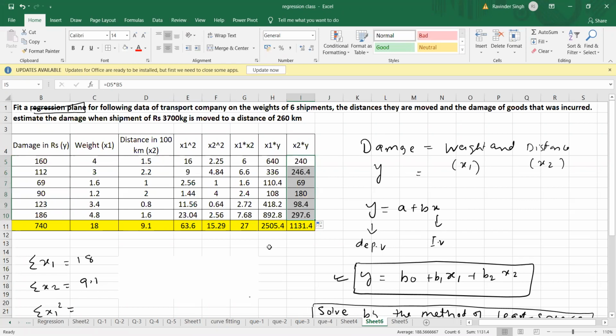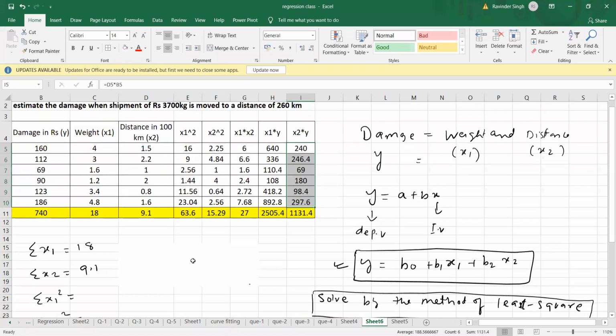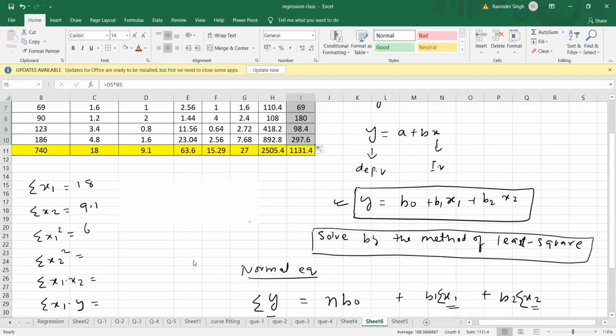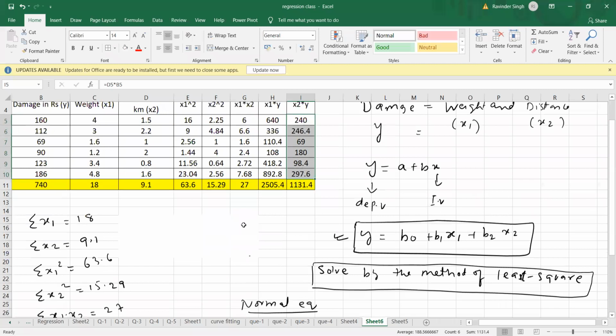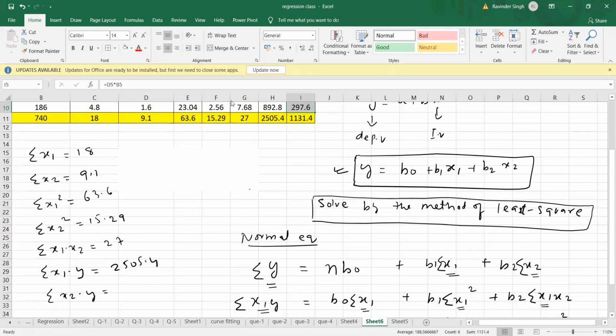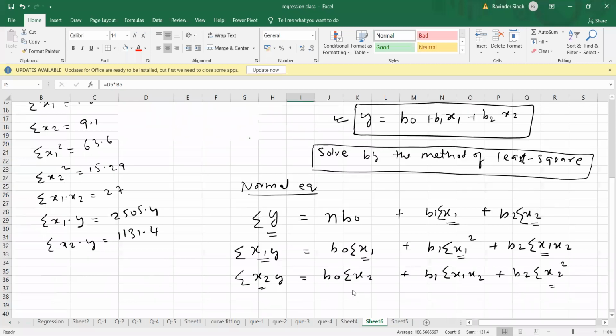Now all the values we have calculated, so I will just write them down here. x1 square is 63.6, x2 square is 15.29, x1 into x2 is 27, x1 into y is 2505.4, and x2 into y is 1131.4. Now all these values we have to substitute here and solve.